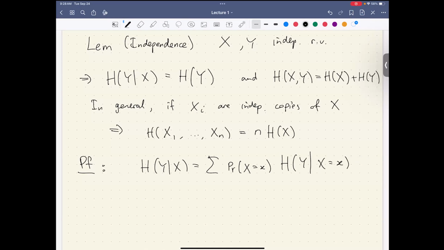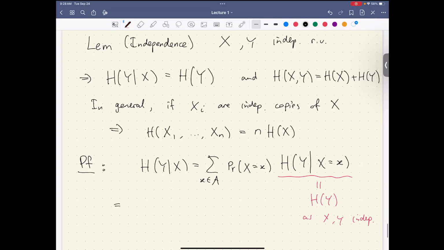This is the definition. But what is this guy? This equals H of Y, since X and Y are independent. It has nothing to do with how X behaves.